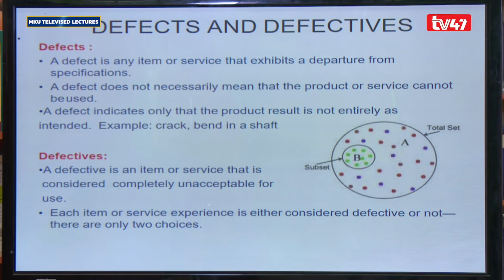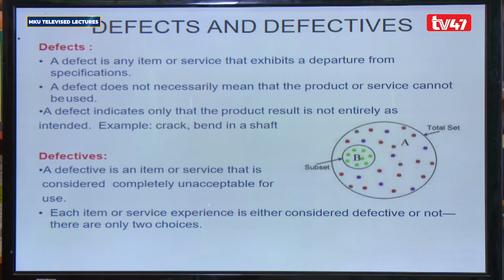And for attributes, we shall need to differentiate 2 things: defects and defectives. A defect is any item or service that exhibits a departure from specifications.